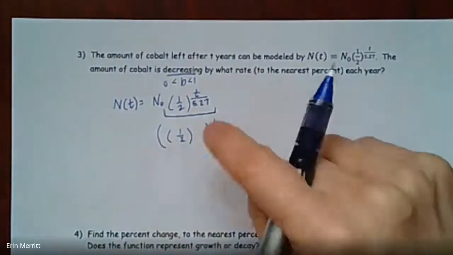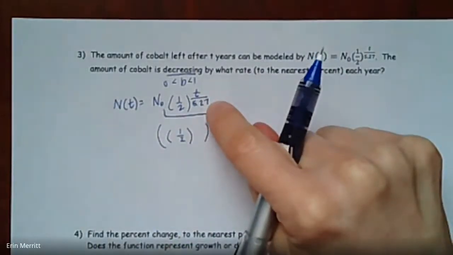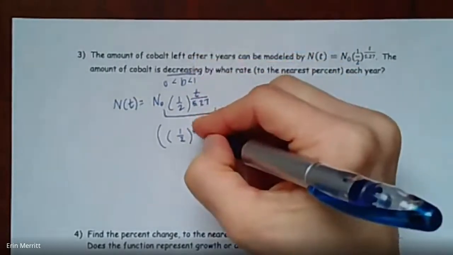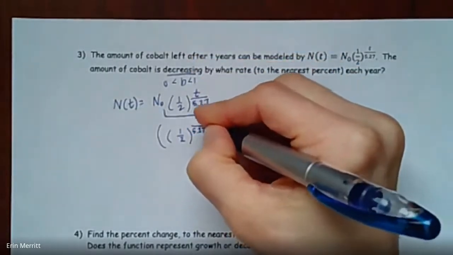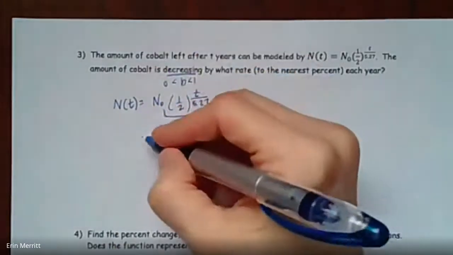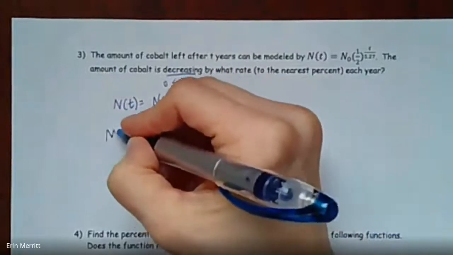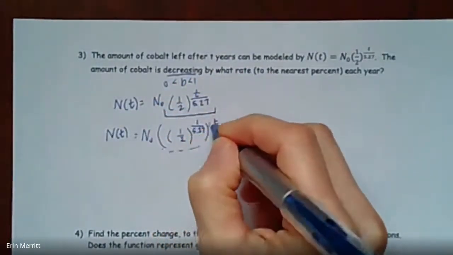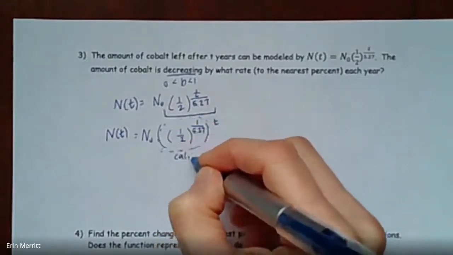Since it's t divided by 5.27, I need that 5.27 to stay in the denominator. So when I split it up, I'm going to make it 1 over 5.27. And then the rest of it I can carry on down. This is the piece right here that I'm now going to the calculator with.